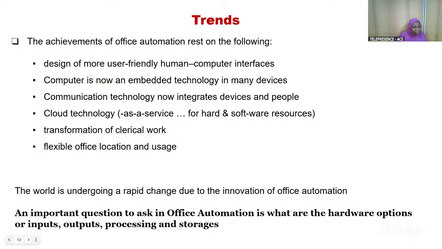Even if you want to work with the computer system, you are not limited to the keyboard again. You have varieties of input devices that you can use that will make it easier for you to work in the 21st century office.